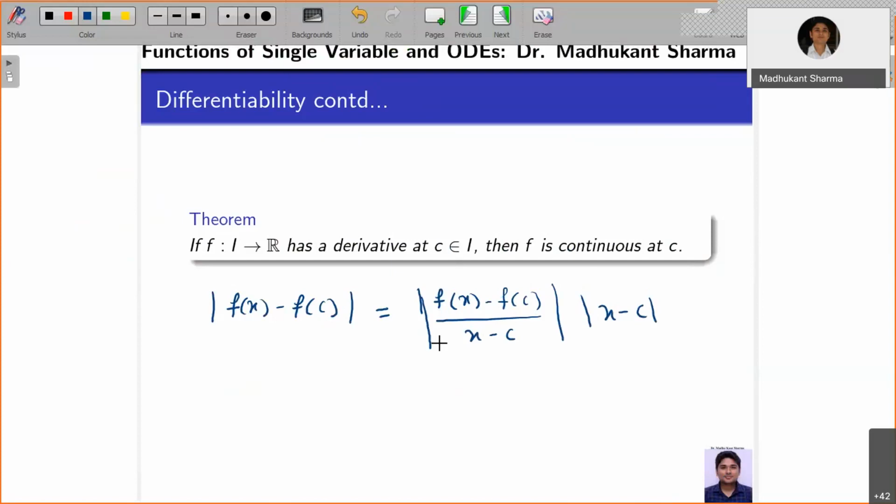Now you can add and subtract minus f dash of c plus f dash of c inside the magnitude and use the triangle inequality.